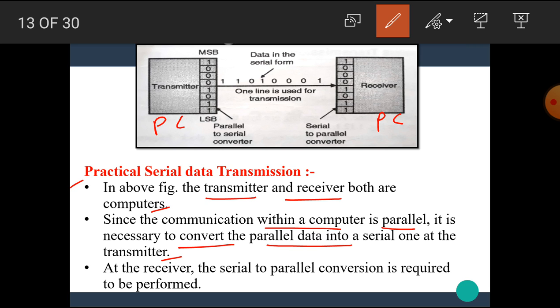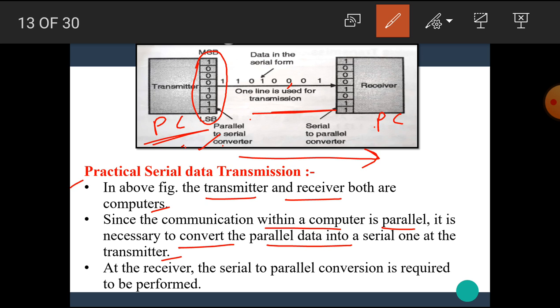We know that in a PC, for high speed applications we use parallel data transmission. But if the two computers are at a long distance from each other, then they are connected with a single line. That means we use serial data transmission, but the data at the PC is parallel. Hence we need a parallel to serial converter.